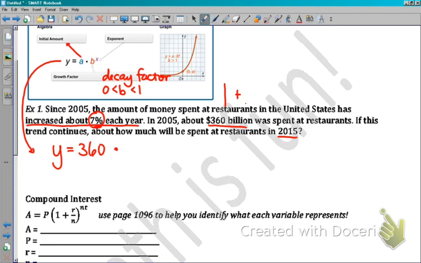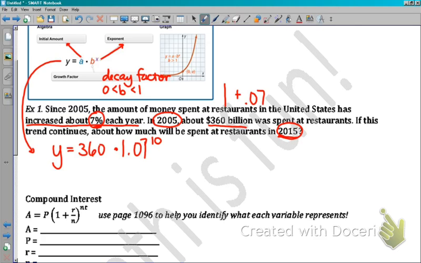So 1 plus 0.07 would give us 1.07. And then my exponent is like the change, and so we're changing from 2005 to 2015, so our change is an exponent of 10.